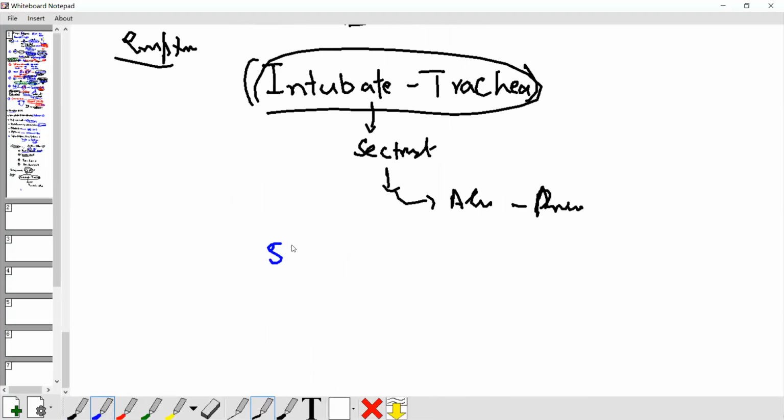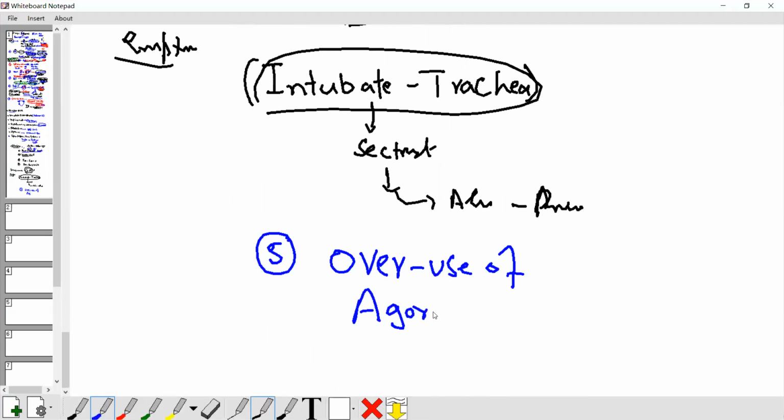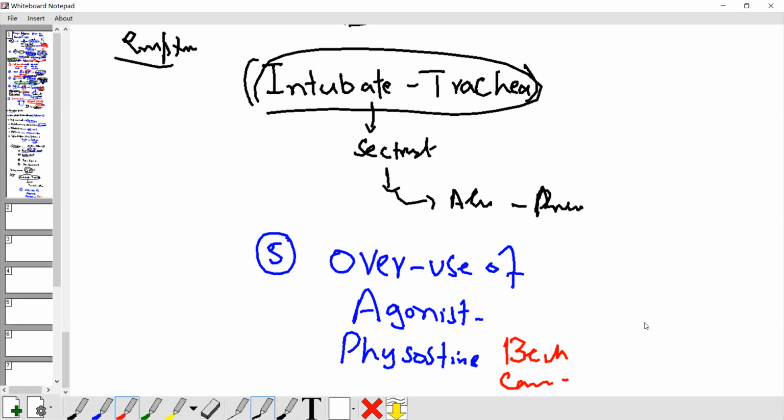Use number 5. If a patient is overusing an agonist, like physostigmine overuse, bethanechol overuse, carbachol overuse, then if you're using too much, you can reverse it by using atropine.